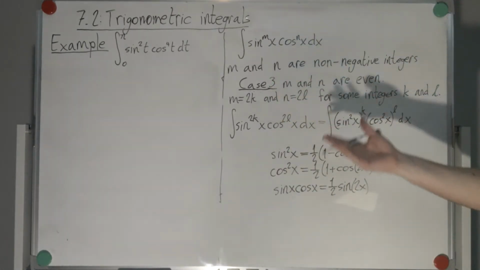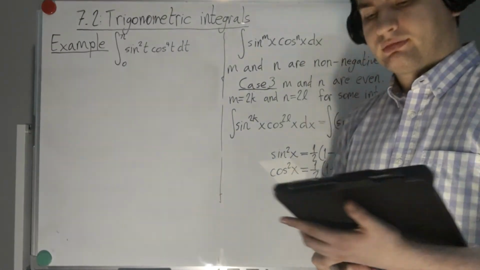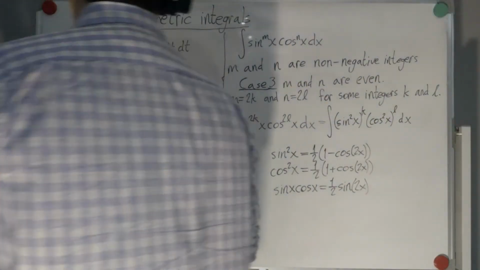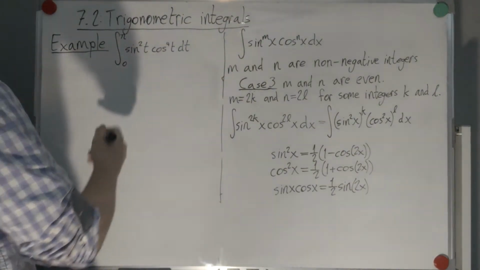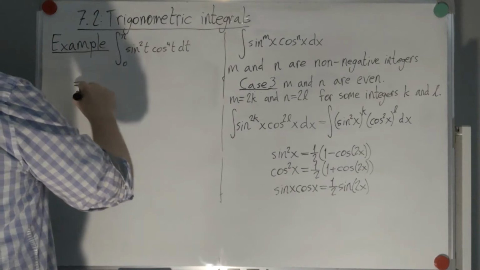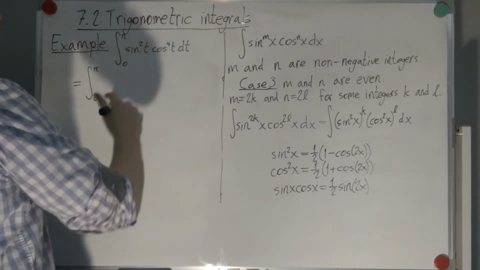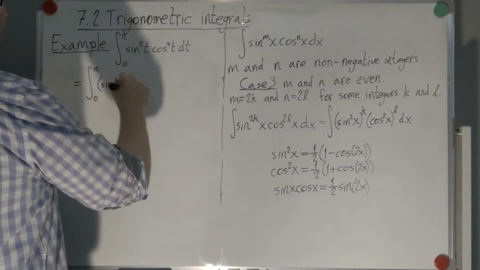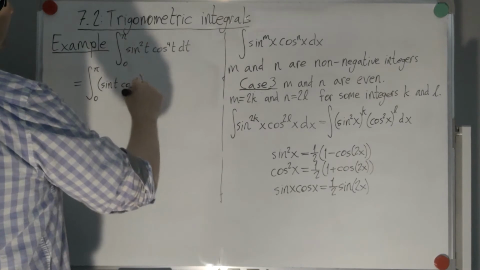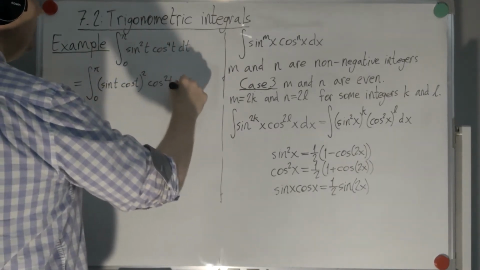Right, so this is case 3 because 2 and 4 are both even, right? Now, I guess the first thing I want to do here is group together two factors of sine and two factors of cosine. So I can say that this is sine t cosine t squared multiplied by cosine squared t dt.